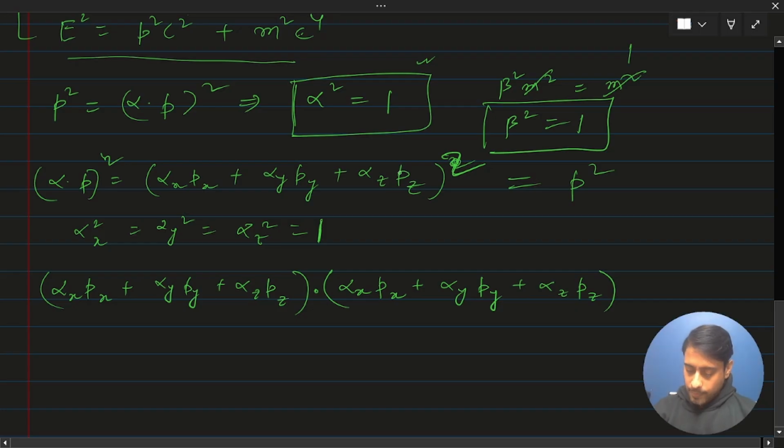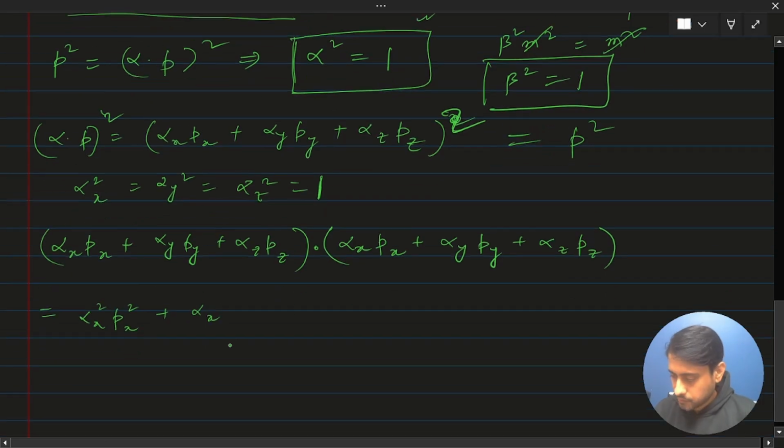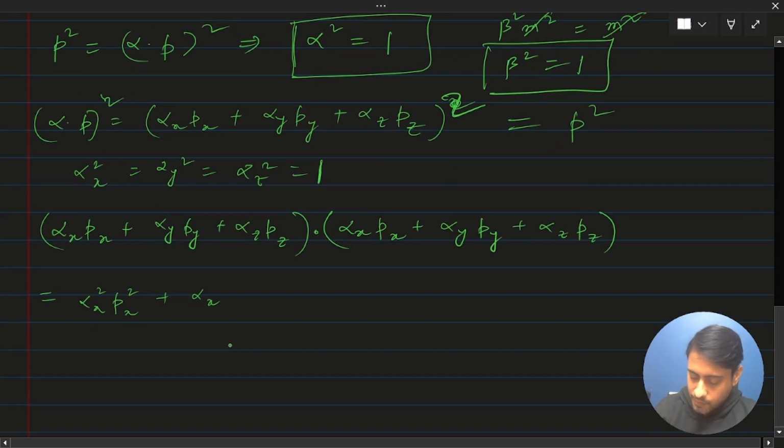So when you multiply this, you will get alpha x square px square plus alpha x, you have to multiply this with all these 3 terms, then this to all the 3 terms, so it can be a cumbersome task, and we are going to do some kind of algebra class for today, but it will give you some interesting result, important for physics.